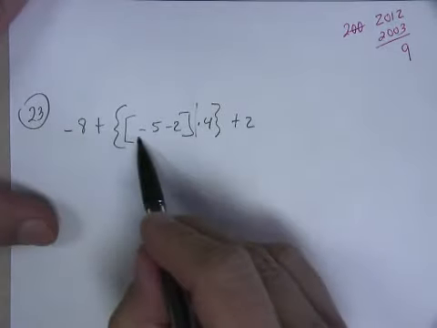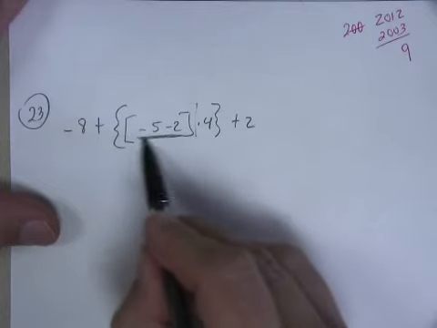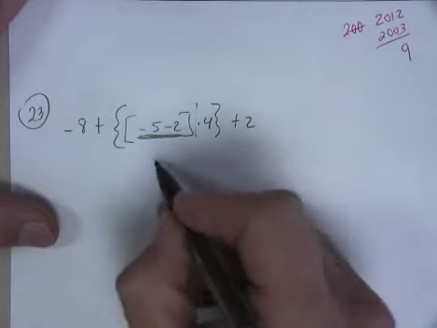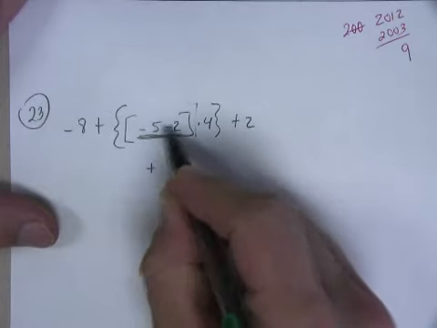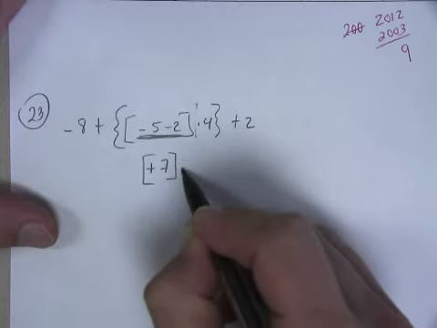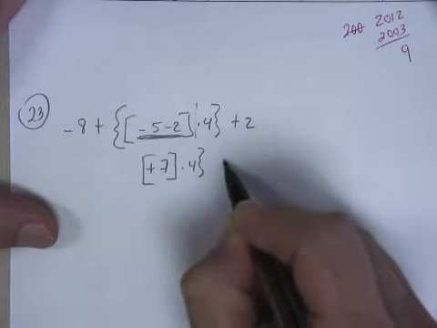We're working inside out. So we're going to do the innermost first. Signs are the same. So if the signs are the same, the answer is positive, and we get 7. Bring down the bracket, the 4, the 2.